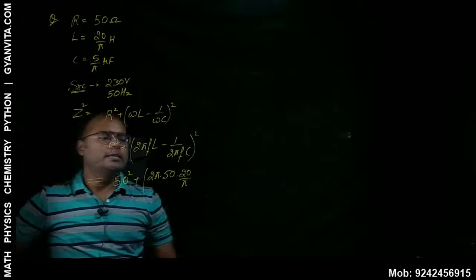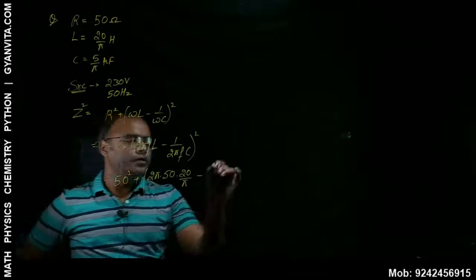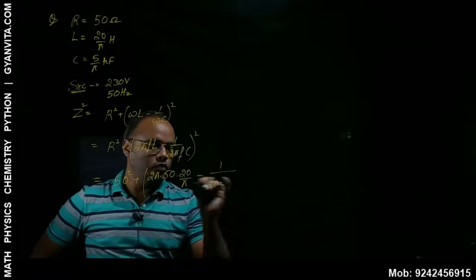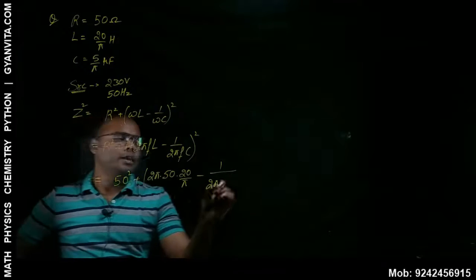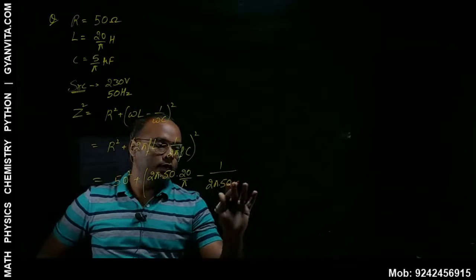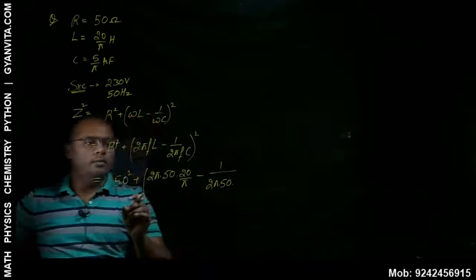That is XL. Minus XC, which is 1 by 2 pi into 50 into the capacitance.